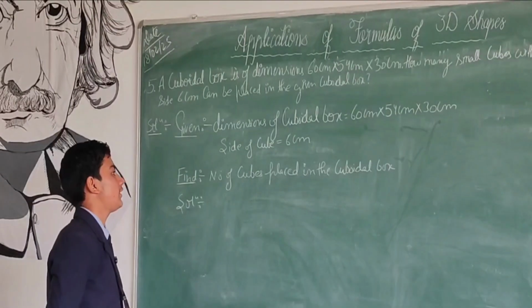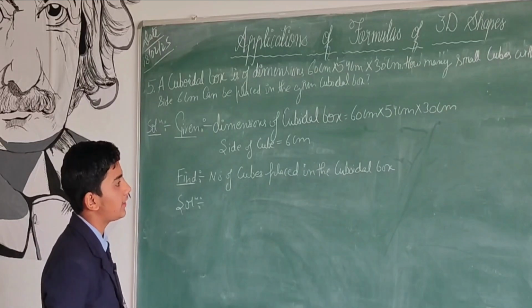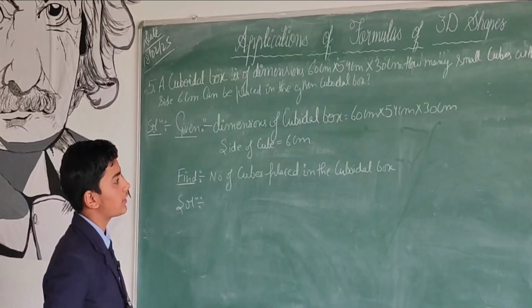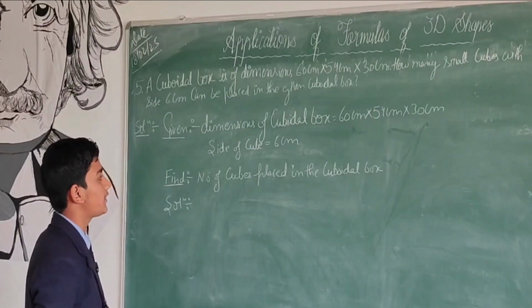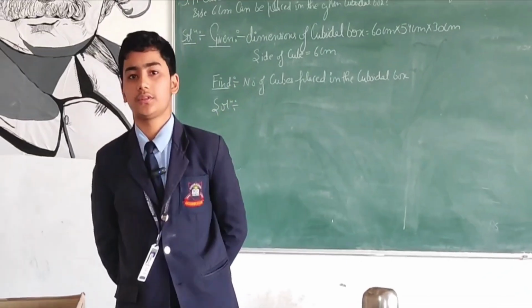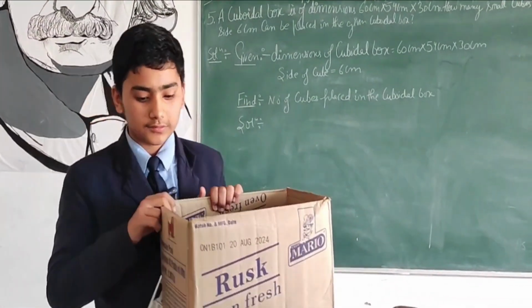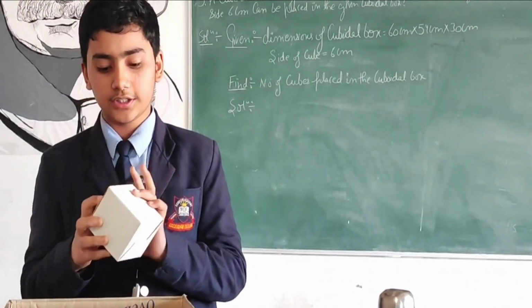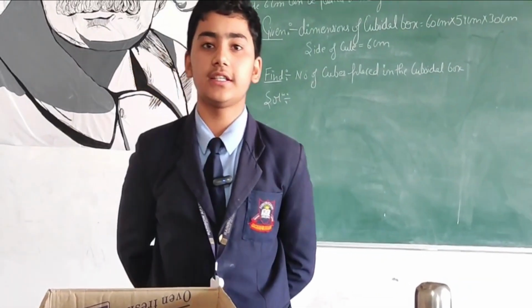So as it is given in the question that it is a cuboidal box of length 60 centimeter, breadth 54 centimeter and height of 30 centimeter and a cube of 6 centimeter. So we can take the example of this cuboidal box. So when we put this cube into the cuboidal box, it takes its volume part.